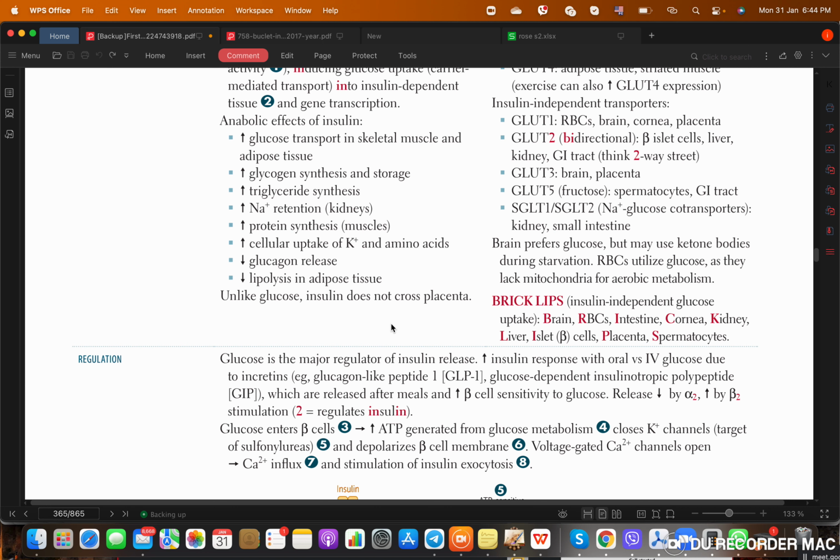What do you think will happen to the pancreas of the baby? Yes, it's going to become much hyperactive, okay?